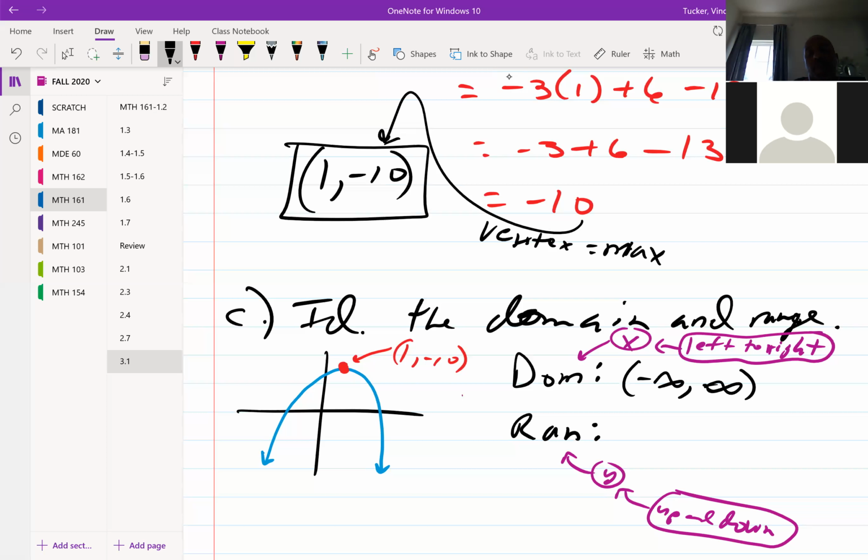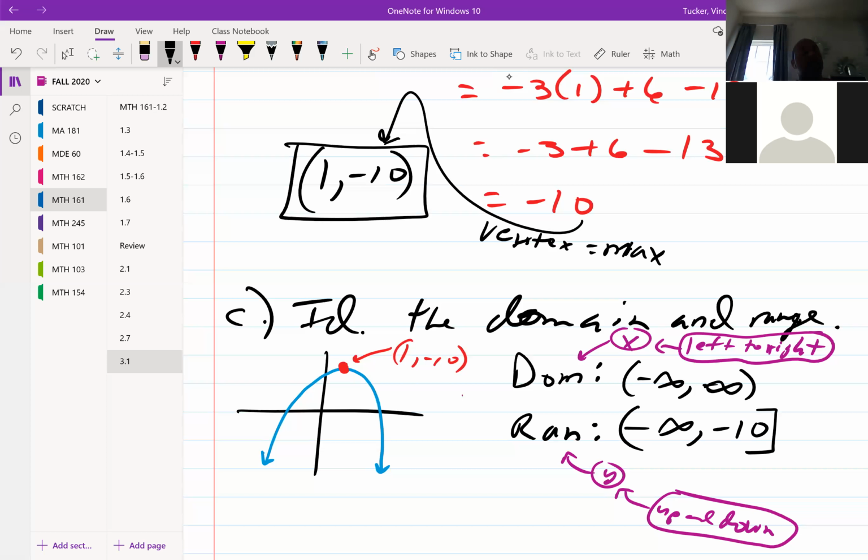All right. And now your range has a max at -10, but it doesn't go any higher than that. So from -10 on down is your range. So you would come from negative infinity to -10. Your lowest value is always first. So negative infinity is the lowest you can go, because that never stops.